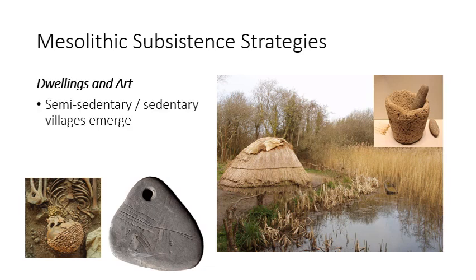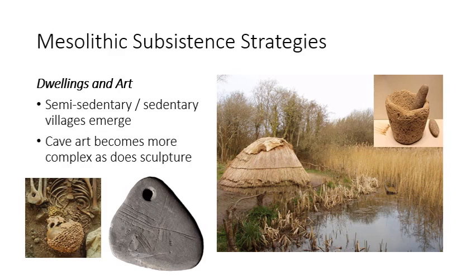So during the Mesolithic, people are in a semi-sedentary or a sedentary type of lifestyle, and villages are beginning to emerge. In addition to villages emerging, cave art has become more complex, as does sculpture. So we see a couple of examples here.